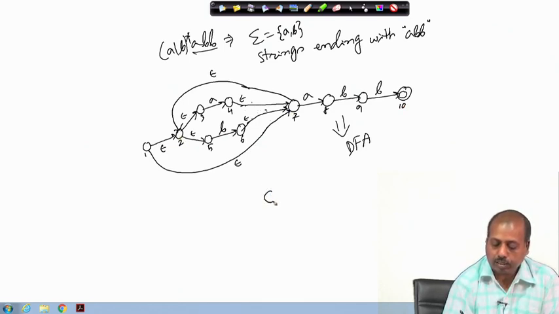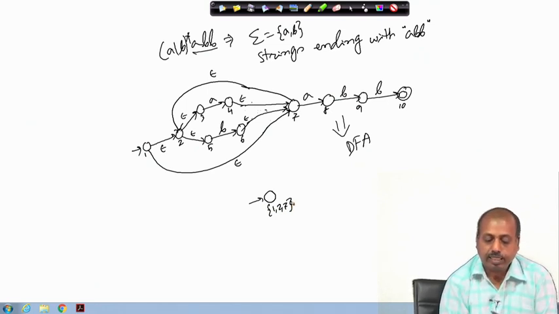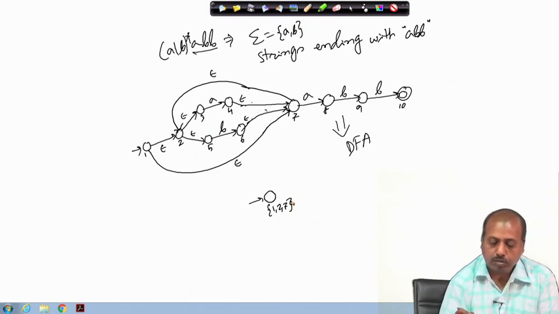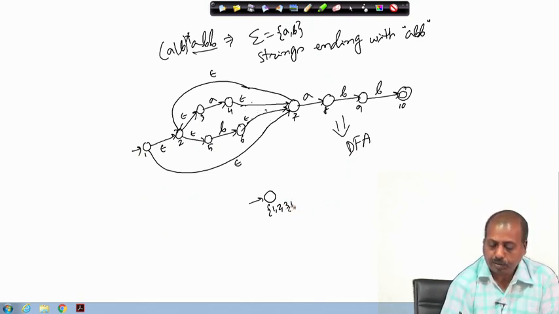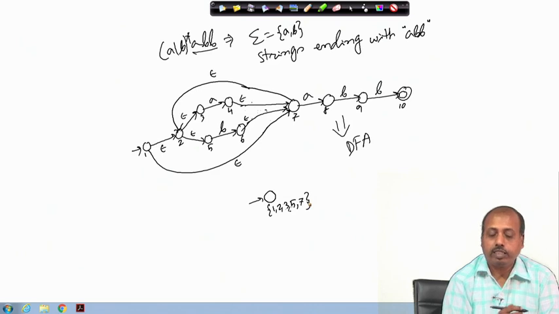So, you can construct the initial state of the DFA consisting of the states 1, 2 and 7 of the NFA. Then 3 and 5 will also come. It is not only 1, 2, 7; 1, 2, then 3, 5 and 7 will come. So, that will be the initial state.